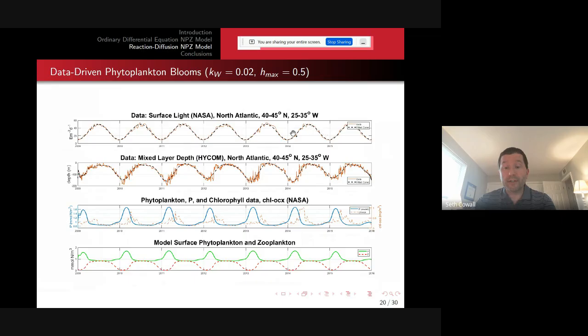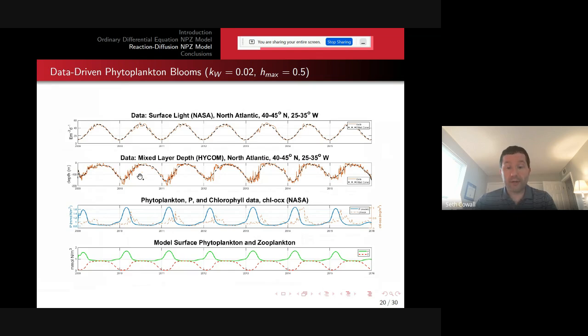The raw data is somewhat jagged. That's the reddish orange on my screen. We're using a best fit sinusoidal curve, the black dashed curve, to plug into our model. Otherwise, we're just getting completely noisy results.